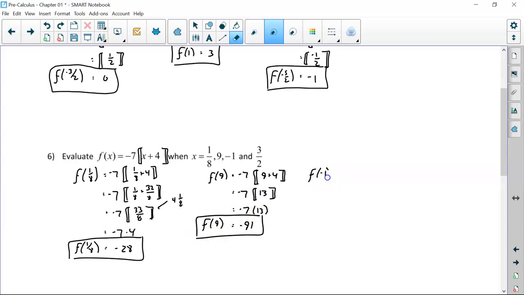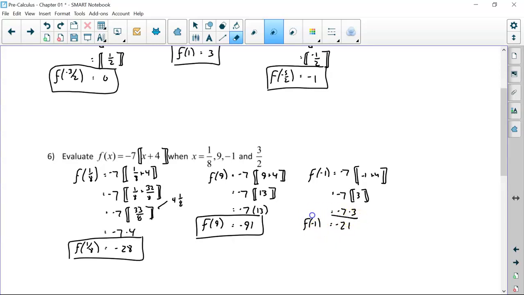F of negative 1, negative 7, greatest integer of negative 1 plus 4. Negative 7, greatest integer of 3. Greatest integer less than or equal to 3 is just positive 3, so it's negative 7 times 3. So it's negative 21 for f of negative 1.